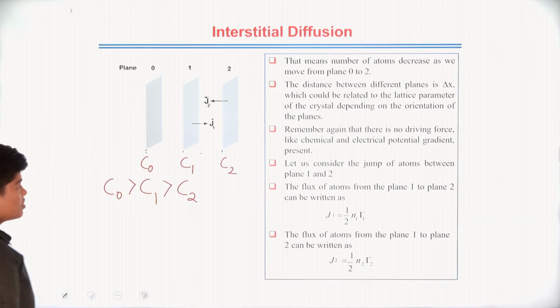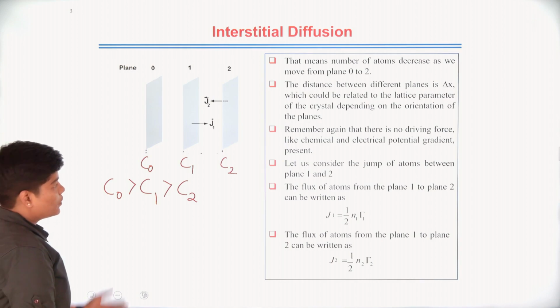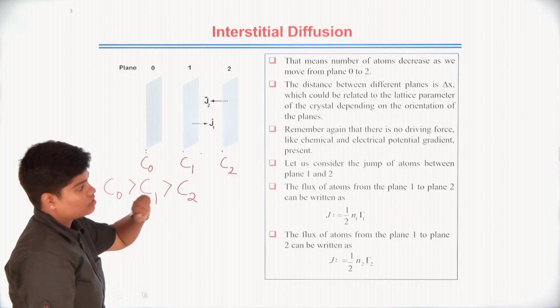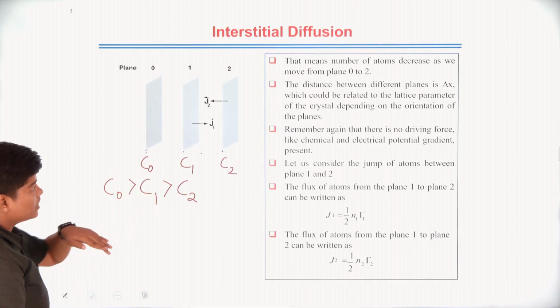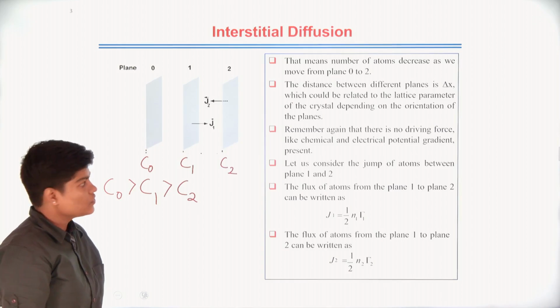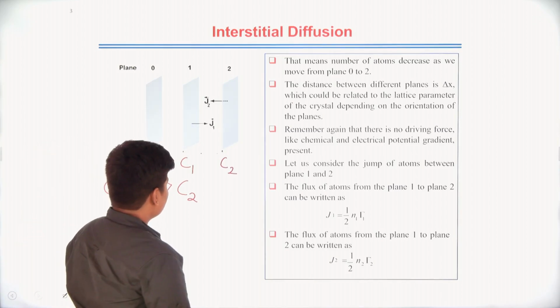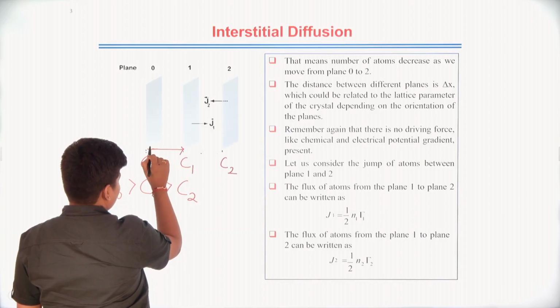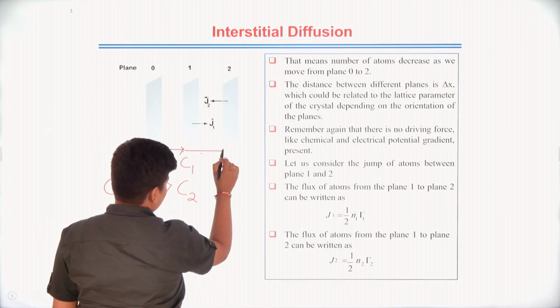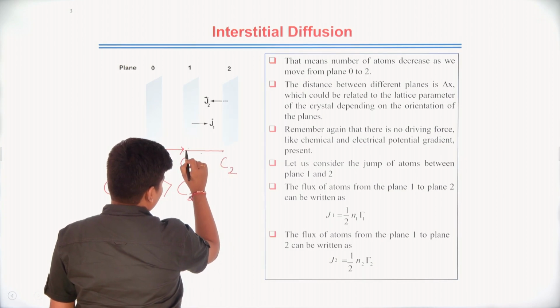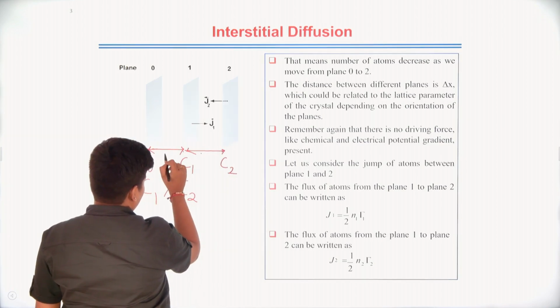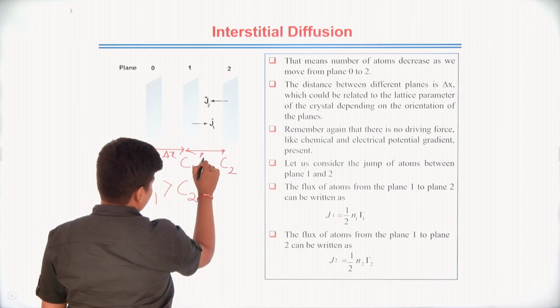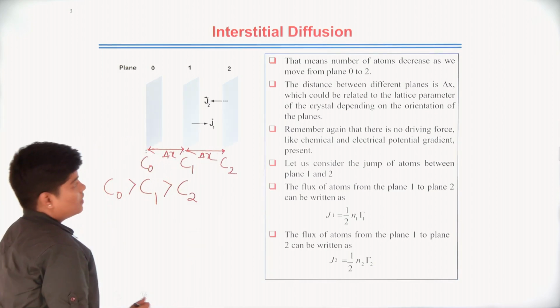If the concentration in plane 0 is more, then the flux, the number of atoms, will decrease from plane 0 to plane 2. The distance between adjacent planes is del x.